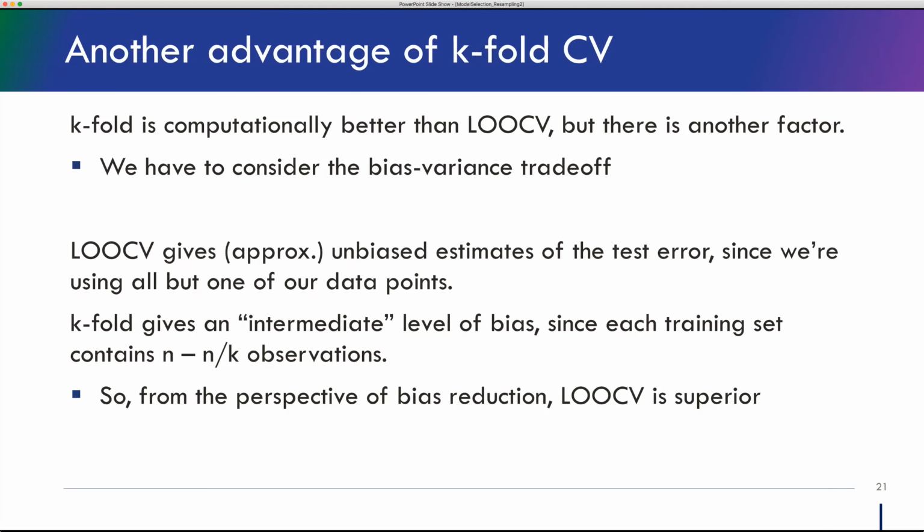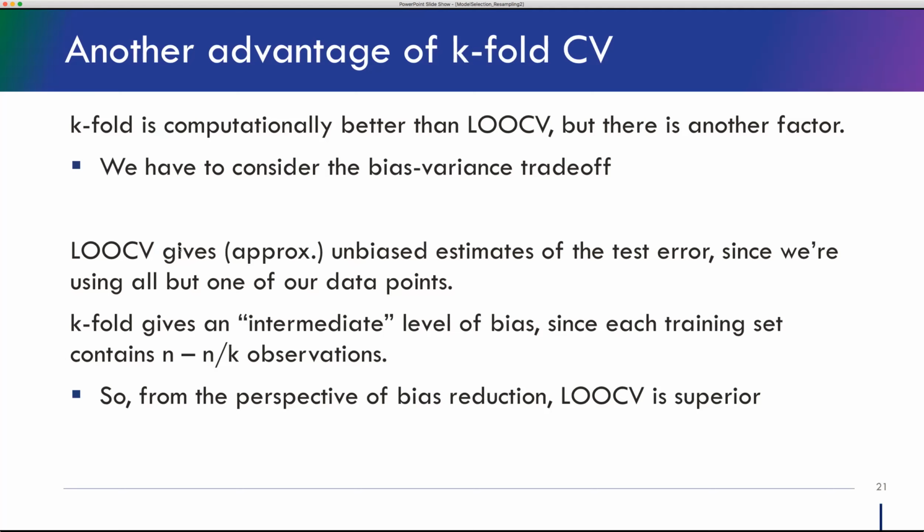This is another advantage of k-fold cross-validation. K-fold is computationally better than leave one out cross-validation, but there is another factor we have to consider, which is the bias-variance trade-off.